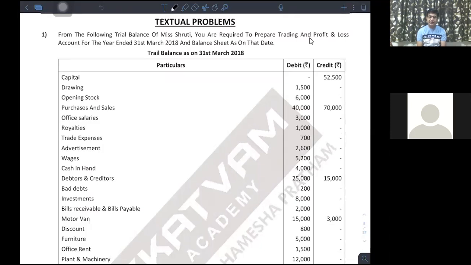Whereas the balance sheet is always prepared as on a particular date, as the balance sheet includes only the items related to assets and liabilities of the business, which have balances as on the last date of the year.